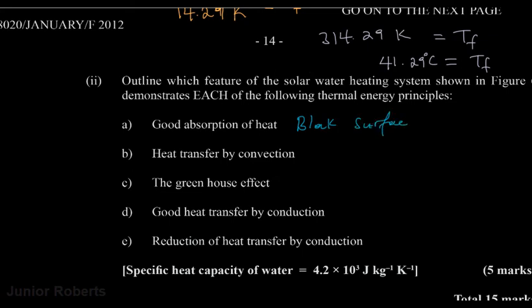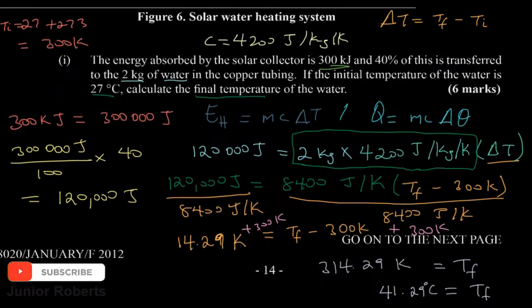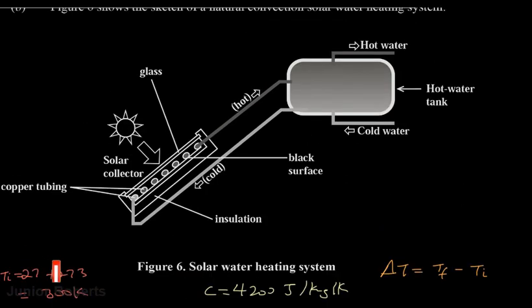Right? Now next thing now, right, it says heat transfer by convection. Right? Now here we have our system like this. Right, now this reservoir is what will actually contain the water. Right, now what we will have is we will have hot water coming in.